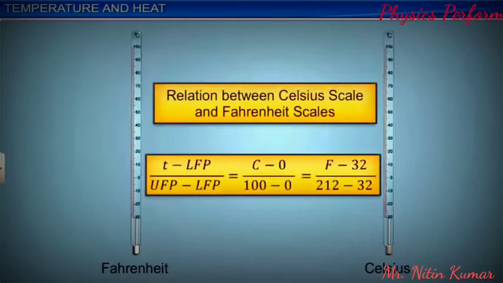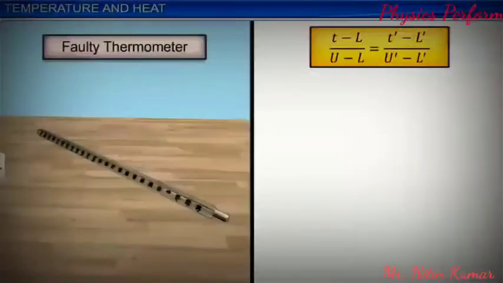The relation between Celsius scale and Fahrenheit scales of temperature can be as shown. The same relation can be extended to find the corrected temperature shown by a thermometer which is calibrated incorrectly.